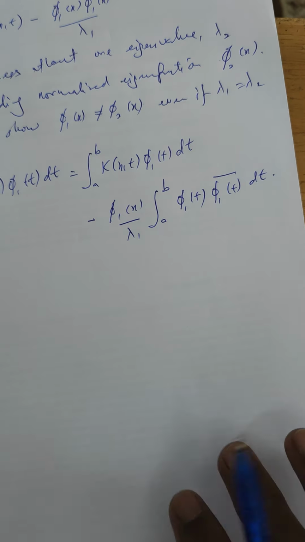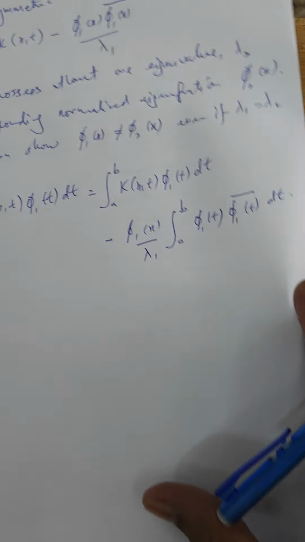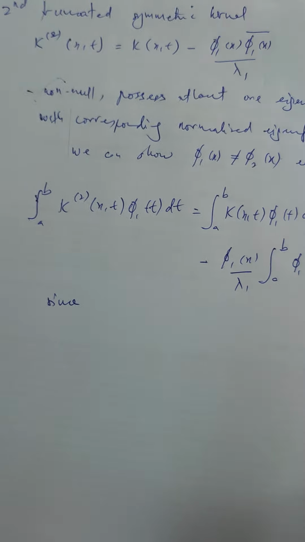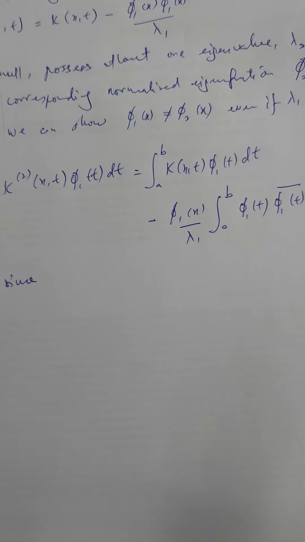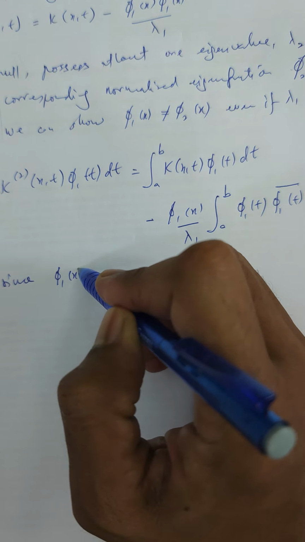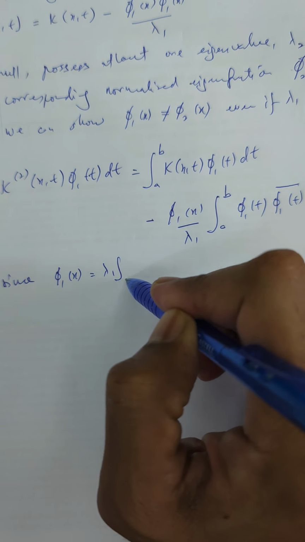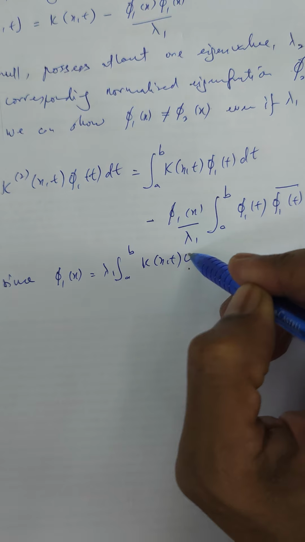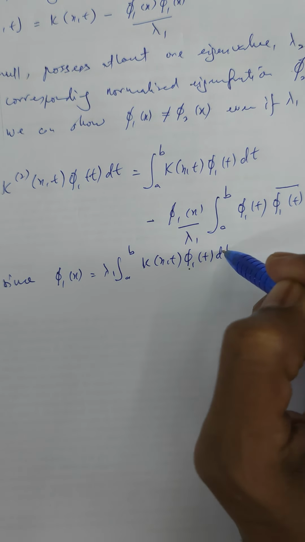Since we know the homogeneous Fredholm integral equation is given as phi 1 x equals lambda 1 times the integral from a to b of k x t phi 1 t dt.